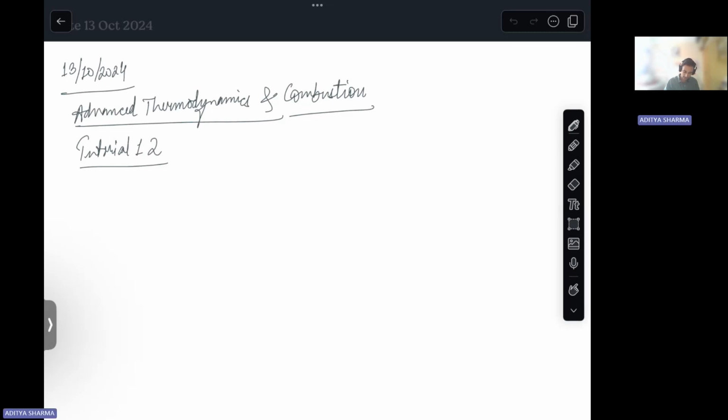I'll write an expression for the transfer number also. And here c_pg is the gas phase specific heat. So these are the things in your evaporation rate expression.